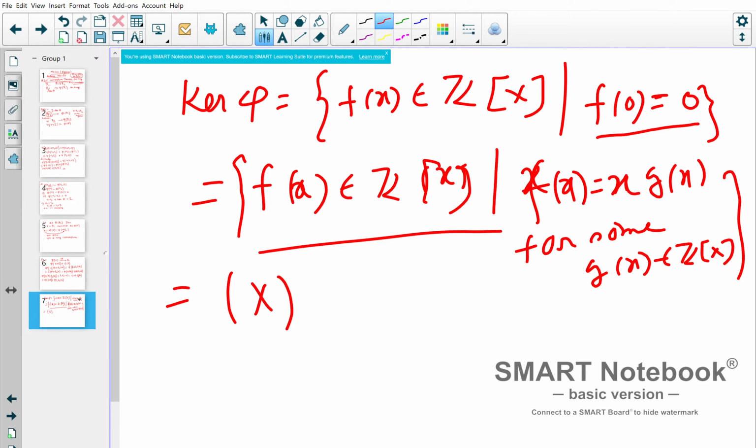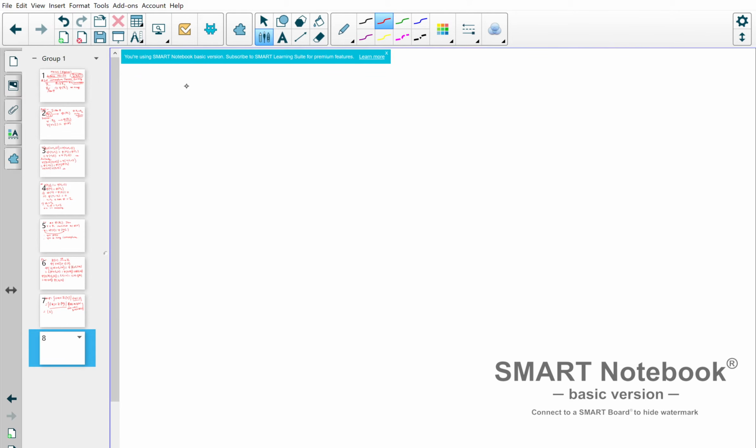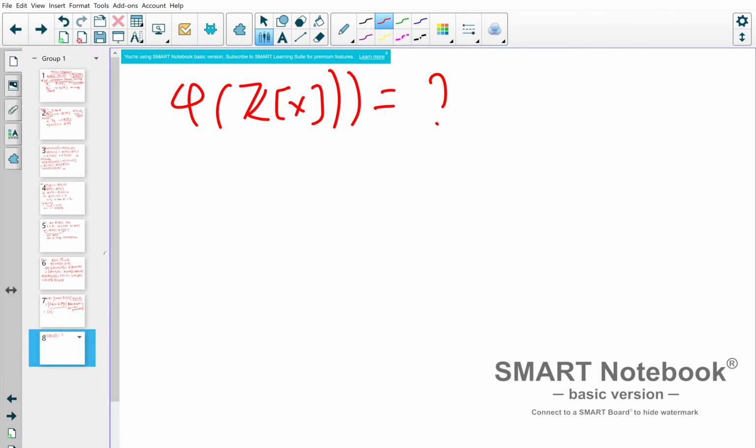So this is the actual kernel of this homomorphism, and hence you can talk about what is the range? What is phi of Z[x]? Any idea? Now you see that this is nothing but the full integers, right? So phi is onto.